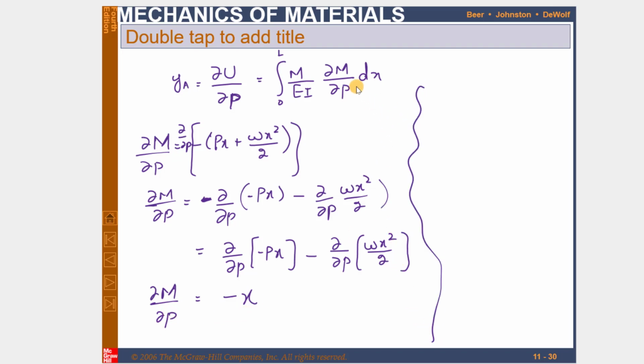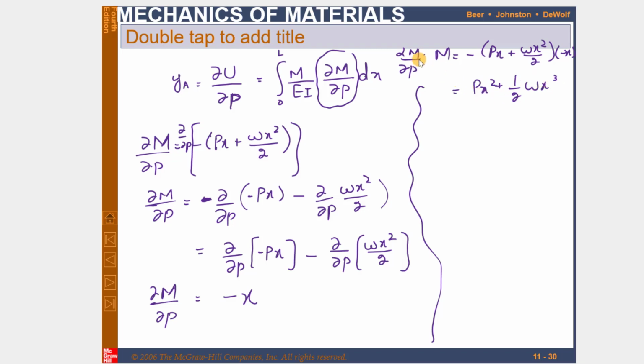Clear? Again, you have to multiply M with this term, and this term is minus X. As M is equal to minus P into X plus omega X square over 2, when you multiply it with partial M over partial P, that is minus X, this will become equal to Px square, and this will be equal to 1 over 2 Wx cube.